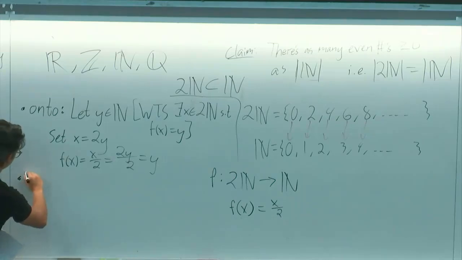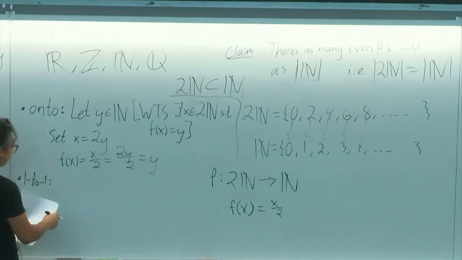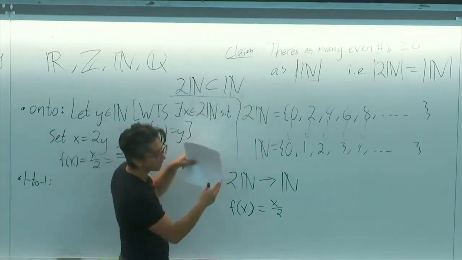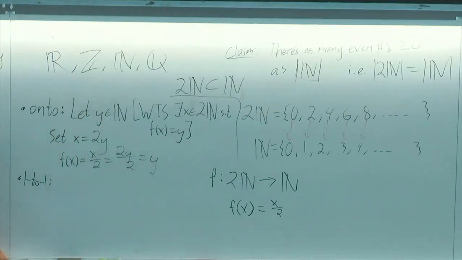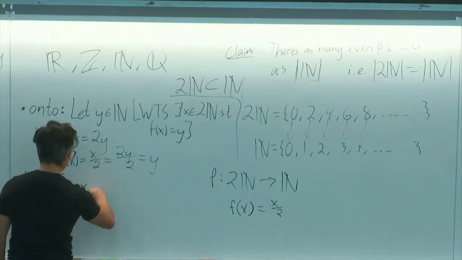And we're going to show one-to-one as well. And one-to-one, again, is the proof of uniqueness, right? That there's no two things that map to the same thing. So the way we always prove uniqueness, we've seen this a few times now, is assume there's two things, x and x prime.